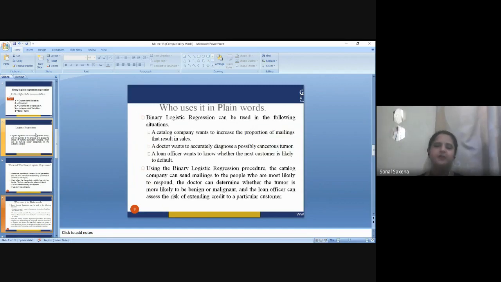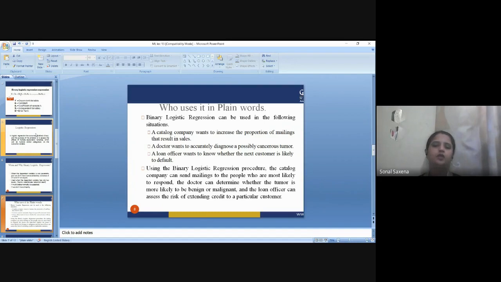Binary logistic regression can be used in situations where a catalog company wants to increase the proportion of mailings that result in a sale. Similarly, a doctor wants to accurately diagnose the presence of malignant cancer inside a body, or a loan officer, as I told you, wants to approve or disapprove a loan.